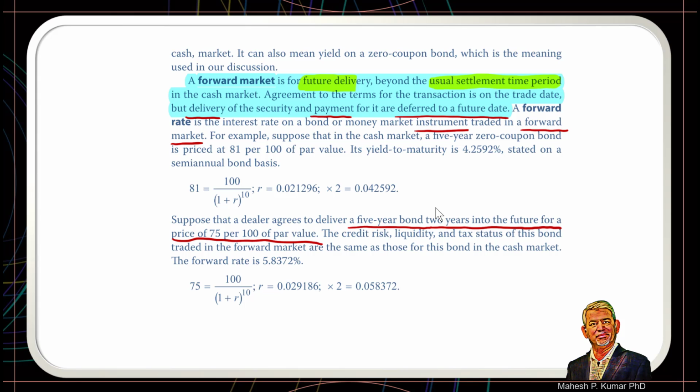So in this case, whatever rates we agree upon for the transaction, those are forward rates. Simply stated, forward rate is the interest rate on a bond or any money market instrument traded in forward market for a future delivery. Now let us see how forward rates work.